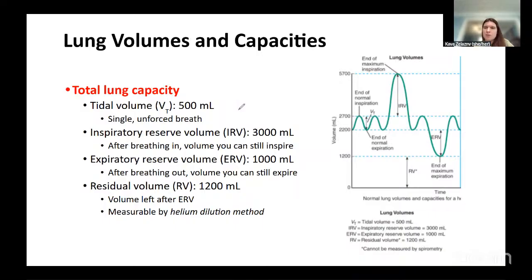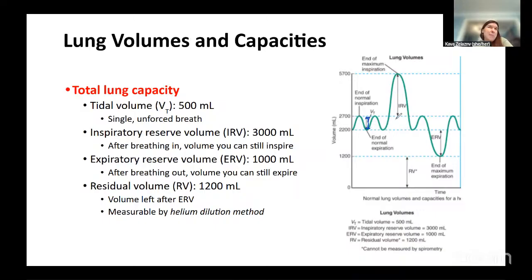So that amount of air that you're moving is your tidal volume, right? So here's our tidal volume. It's about 500 milliliters, right? So that's just the easy air that you're moving in and out during normal, easy breathing.